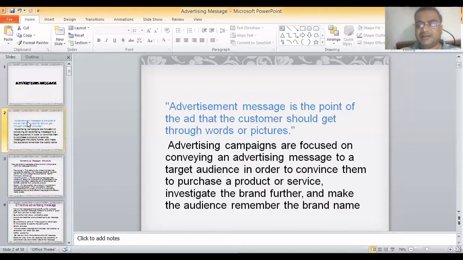So these are the three main things which the advertiser focuses on. I'll just repeat: to purchase the product or service, to investigate the brand further, and to make the customer remember the brand name. These are the three things which the advertiser wants to come out of the advertising message.